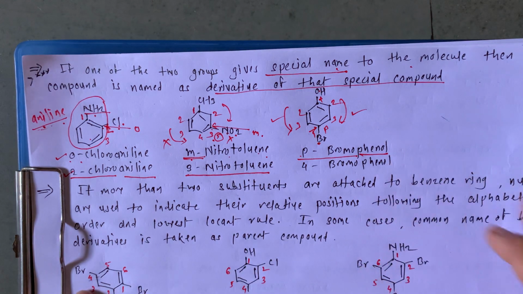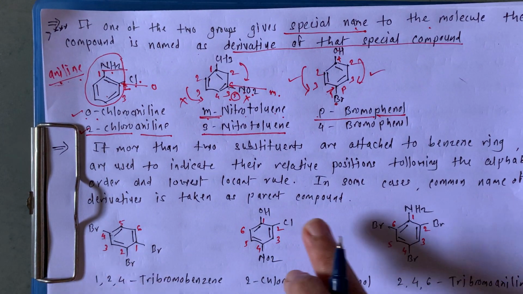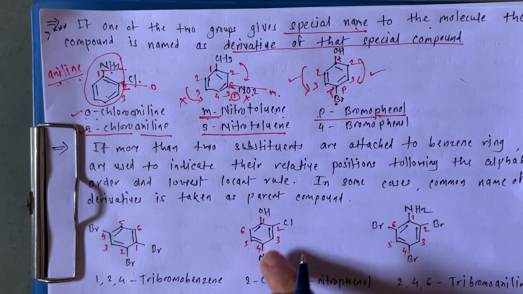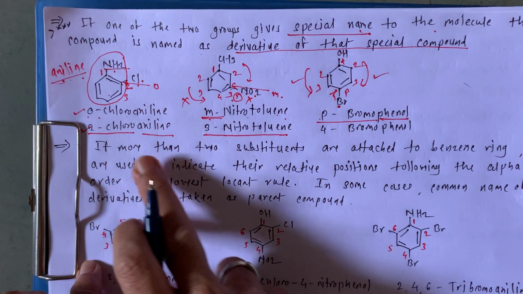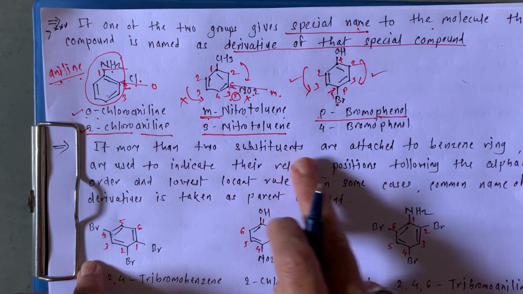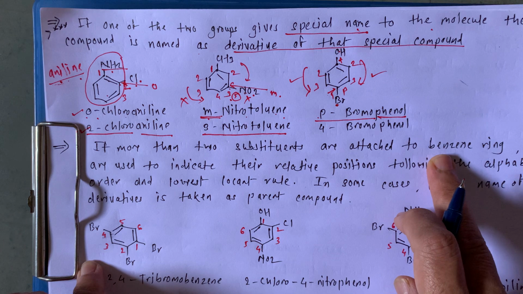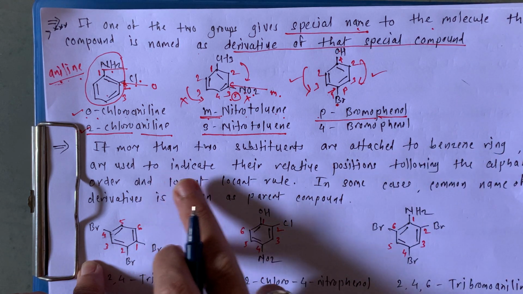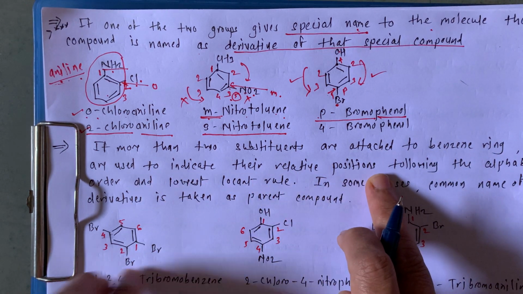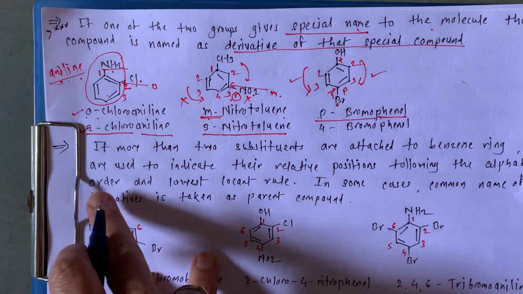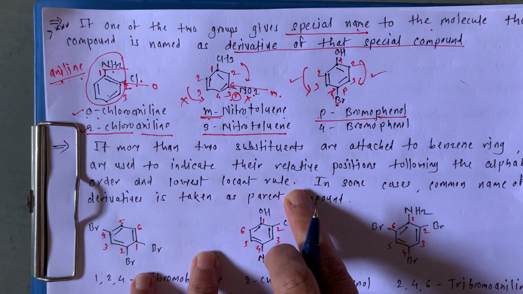But if it is tri-substituted, meaning more than 2 substituents are attached to the benzene ring, numbers are used to indicate their relative positions following the alphabetical order and the lowest locant rule.